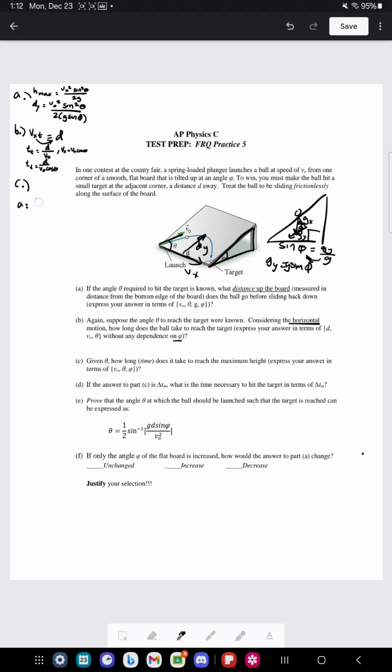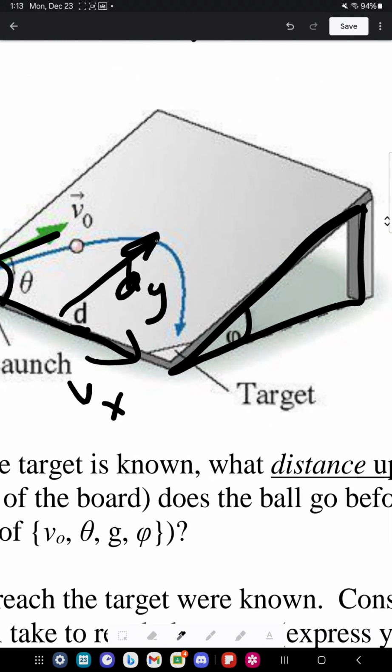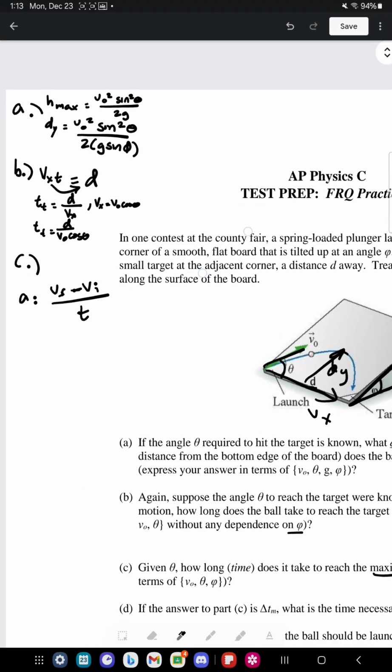Since we want the maximum height, the peak, I'll be taking this equation from the vertical direction, the y direction. We know that at the peak, your velocity in the y direction is 0 because it's a critical point.